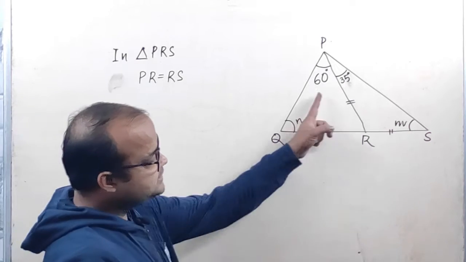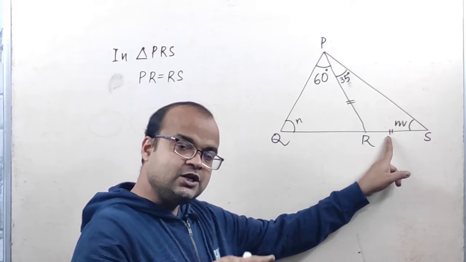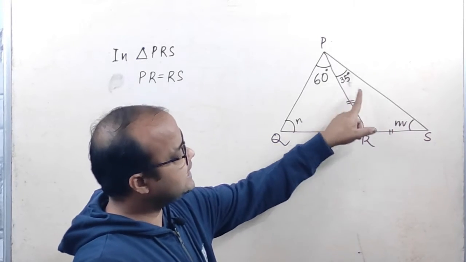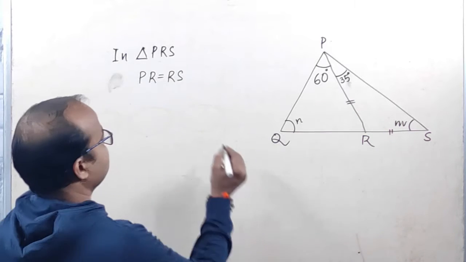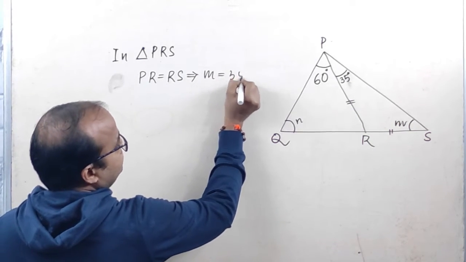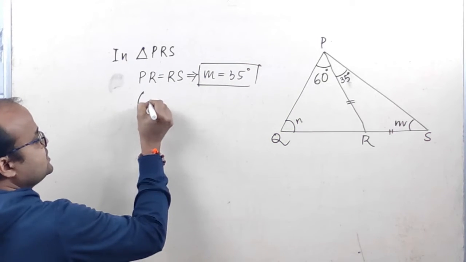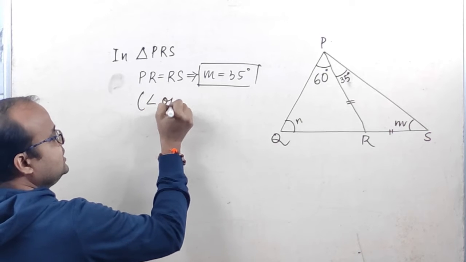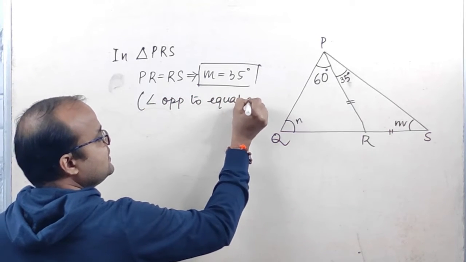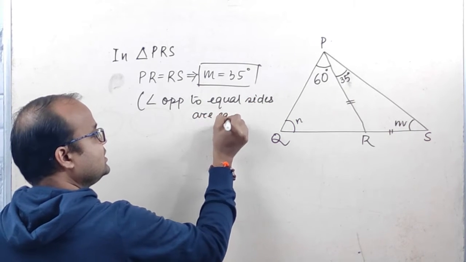Now if PR equals RS, it implies that angles opposite to equal sides are equal. That means M equals 35 degree. It implies M equals 35 degree. And we cite the reason that angles opposite to equal sides are equal.